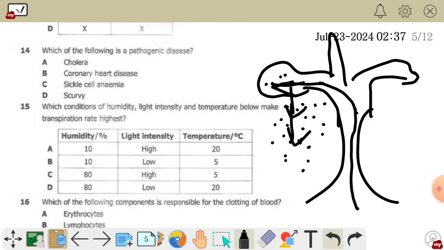That's why humidity must be low. Temperature must be high, so that the water is turned into vapor at a much higher rate. So transpiration will be highest when humidity is low, light intensity is high, and temperature is high. So the correct answer for question 15 is A.